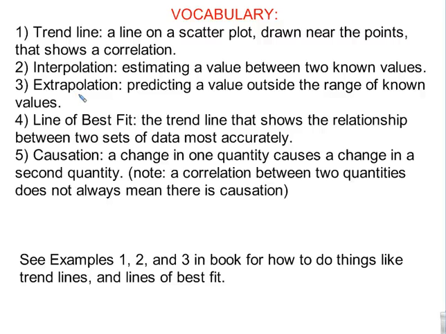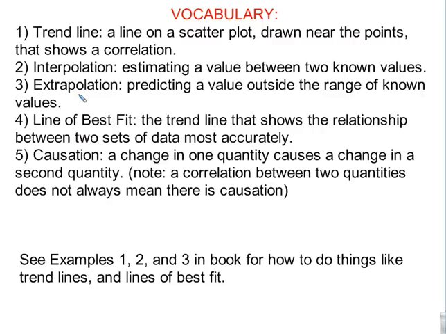Causation: a change in one quantity causes a change in a second quantity. A correlation between 2 quantities does not always mean that there's causation. Just because one value goes up and the other value goes up, it doesn't mean that one of them caused the other one to happen. But if one value increases and the other value increases as a result of that, then that's called causation.